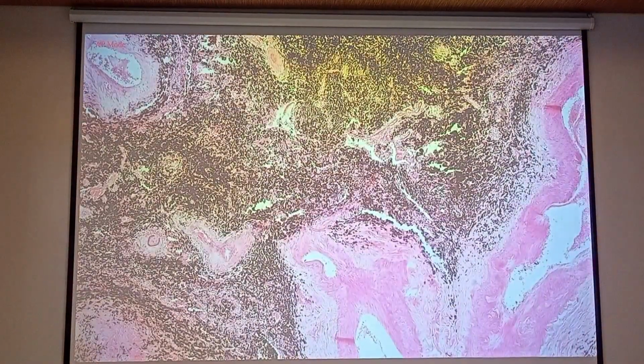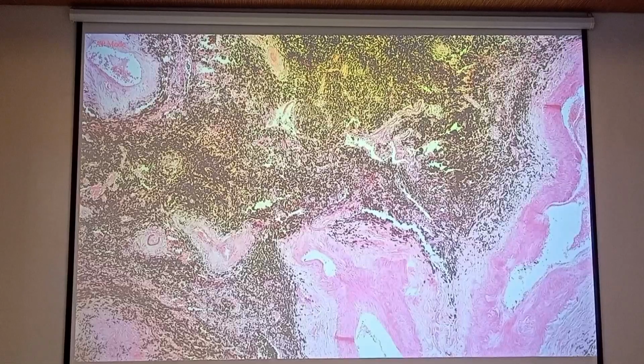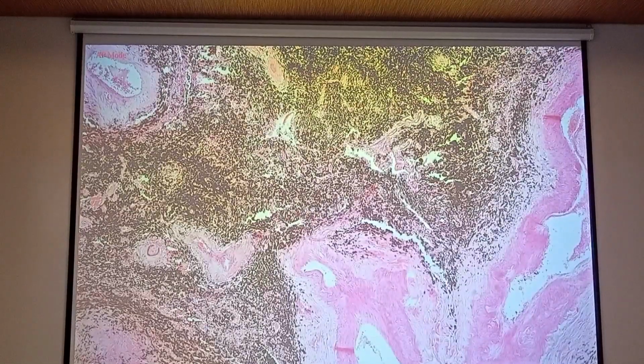Another example of that is this. Slide 143. Look at that. Do you say that you can see pulmonary tissue in there?